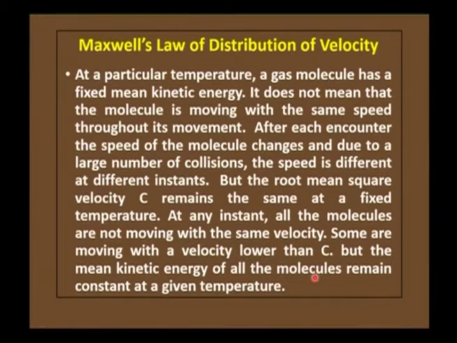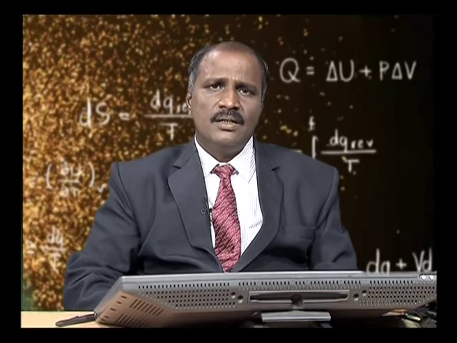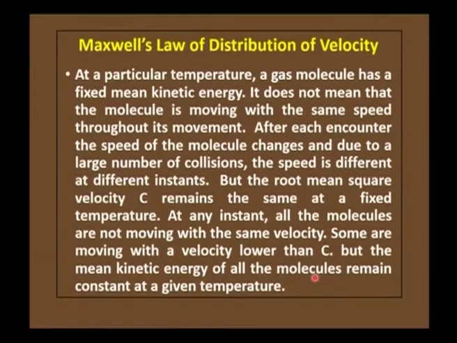Now, let us move on to the next topic. The topic is Maxwell's law of distribution of velocity. The important assumption in Maxwell's law is that at a particular temperature, a gas molecule has a fixed mean kinetic energy.